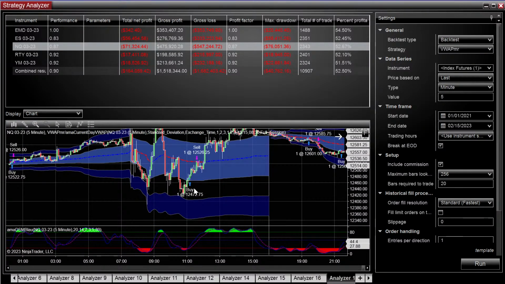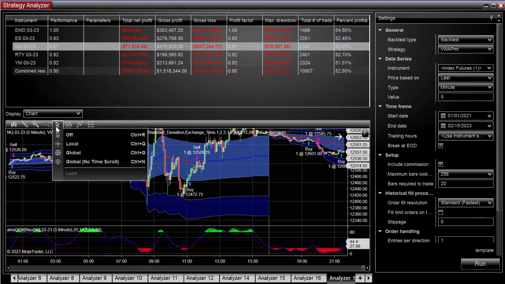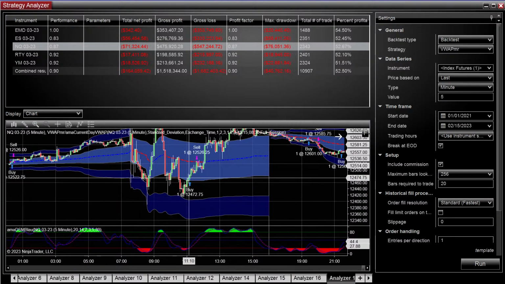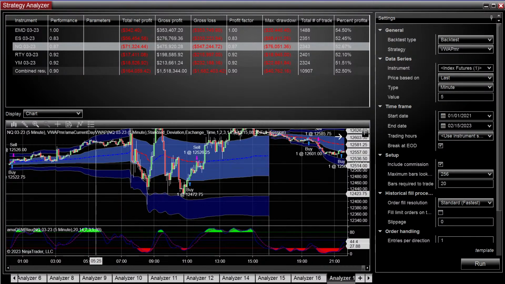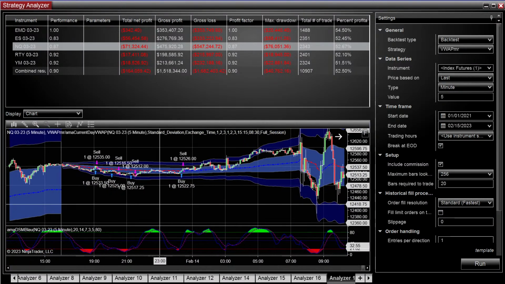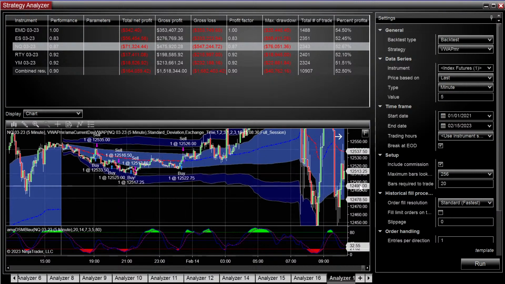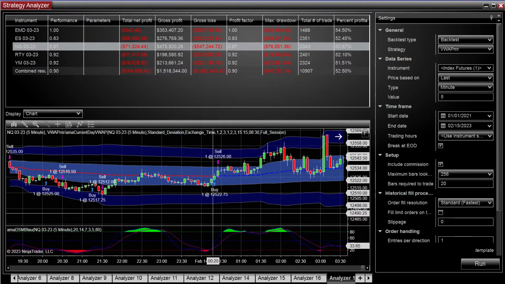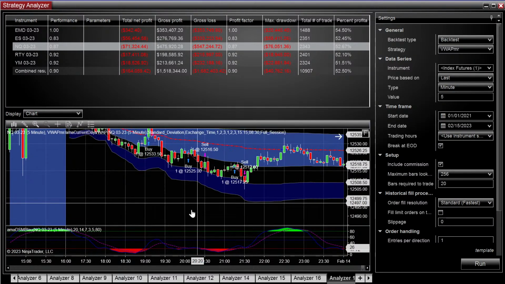Here's an example, crossed above the oversold level, back up to the VWAP. Yeah, it's like an RSI basically.